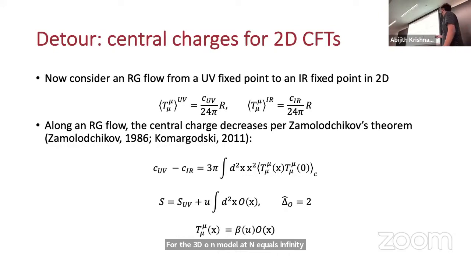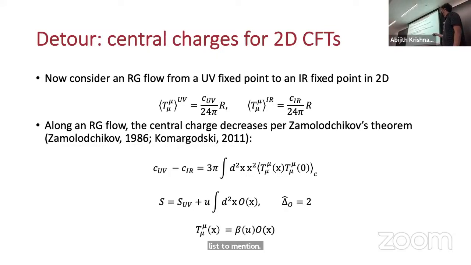That means at n equals infinity, this operator here should have dimension 2. It should be exactly marginal. As n is large but finite, this operator is no longer exactly marginal.